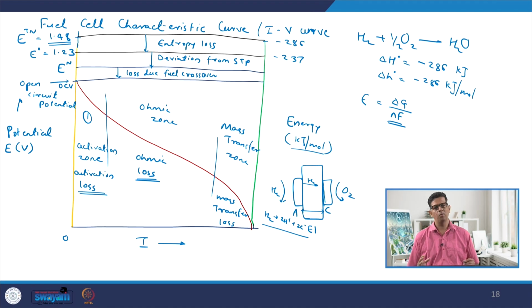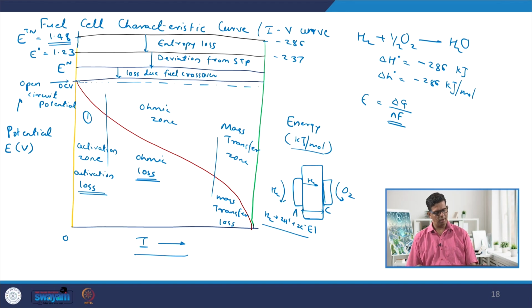So, the efforts are always to minimize these three losses so that this characteristic curve remains as horizontal as possible. Theoretically we should have a curve that looks something like this, which in other words means we should be able to draw an infinite amount of current for negligible loss or change in the potential, but that does not happen in reality.